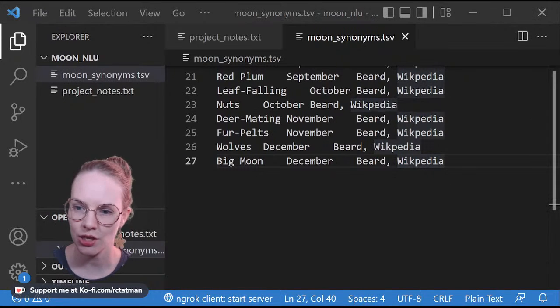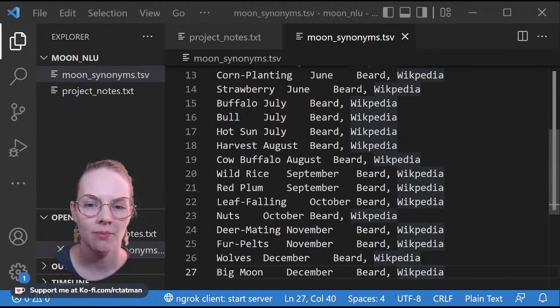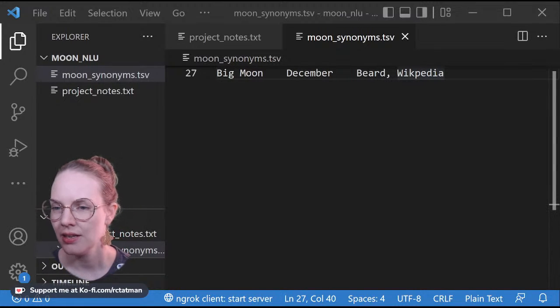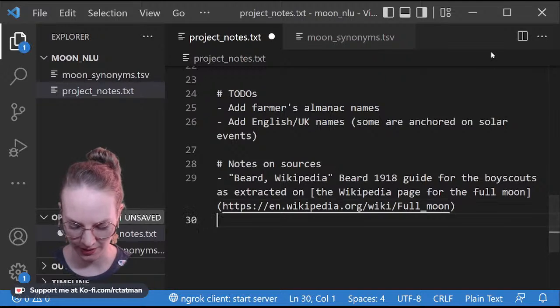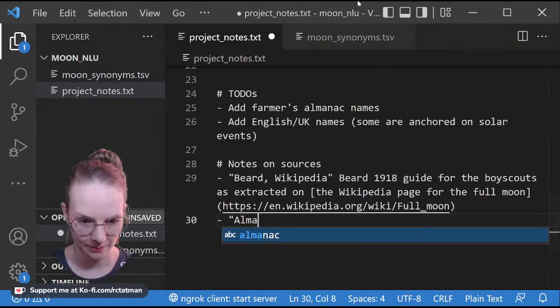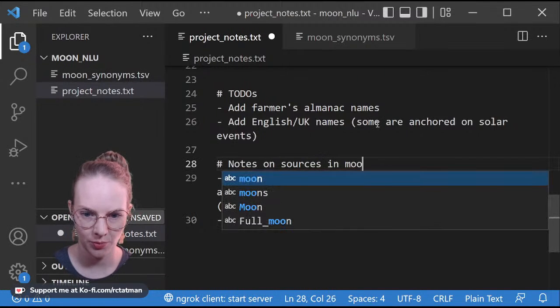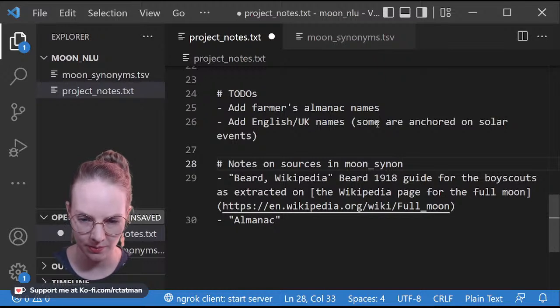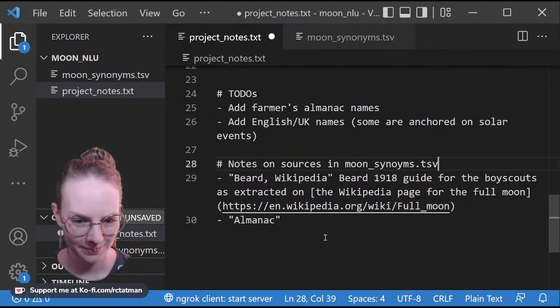All right, so those are from the Beard Wikipedia. And then I'm gonna start doing the almanac ones. No sound sources in moon_synonyms.tsv.